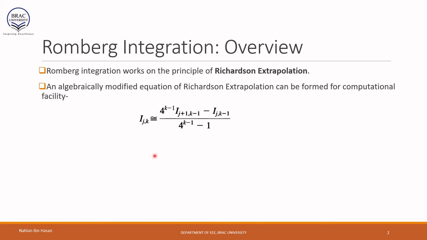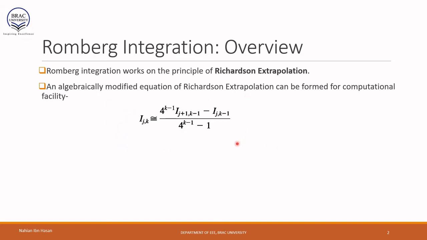For the Richardson extrapolation, we have seen the equations for different orders of accuracy, like order of accuracy 4 or 6 or 8. So we had different formulas. If you want to express those different formulas in a single mathematical equation, you will get an equation something like this.